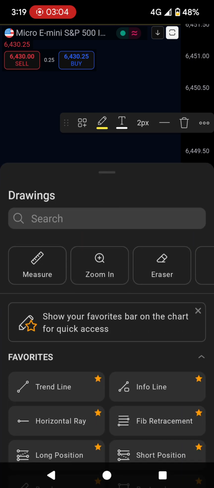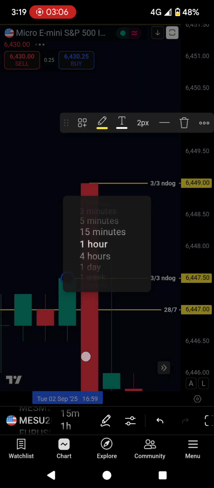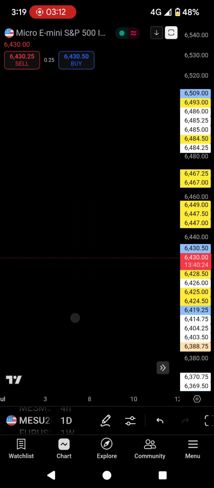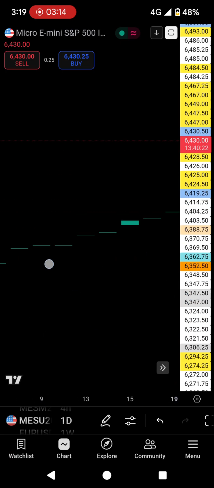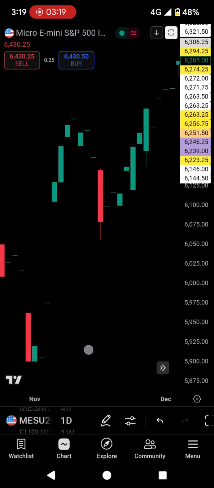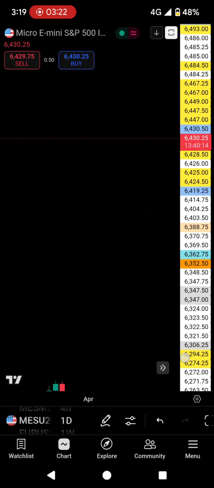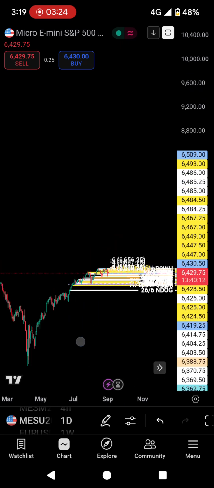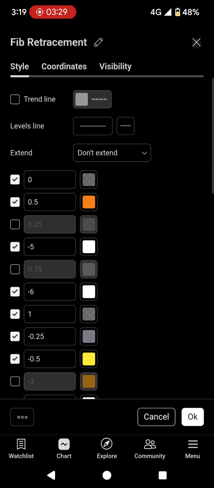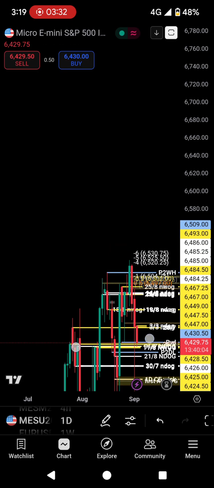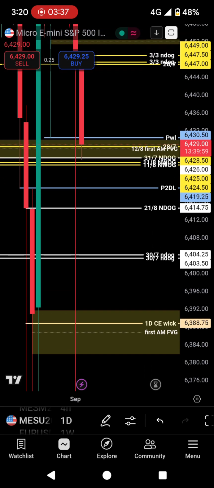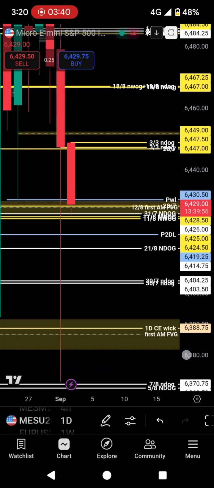So let's go back to the daily chart. Reset price here. Yes, clustering of a lot of things, but bear with me, okay? Because I only have one template, that's why this is what I can do.